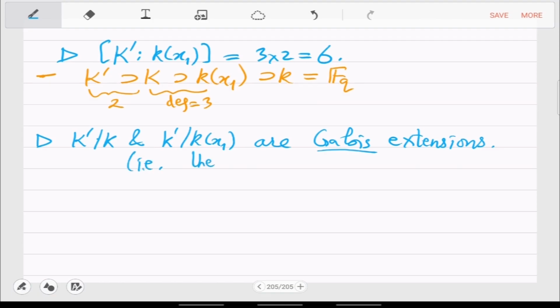No, I think I should not make this statement. Is K prime over K a Galois extension?